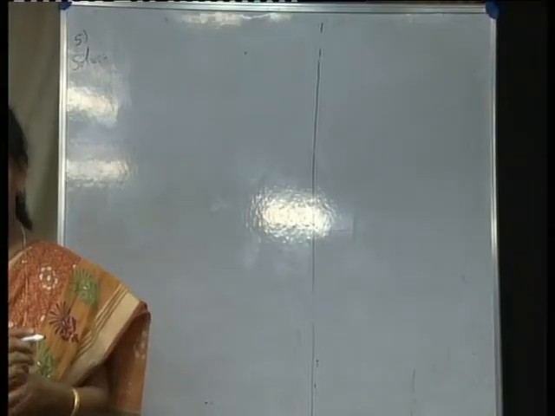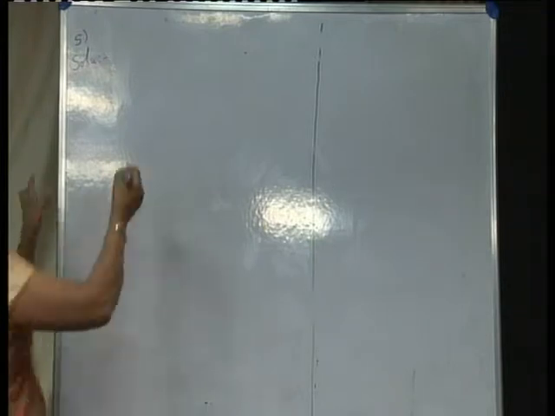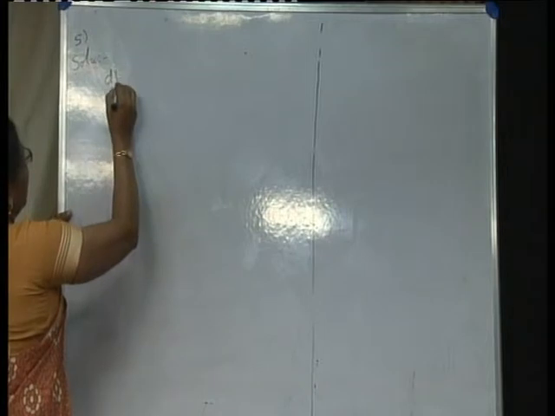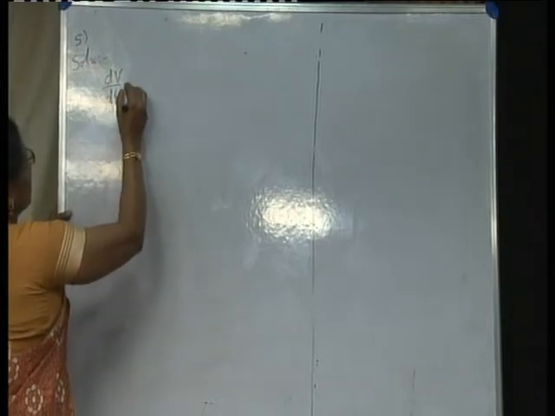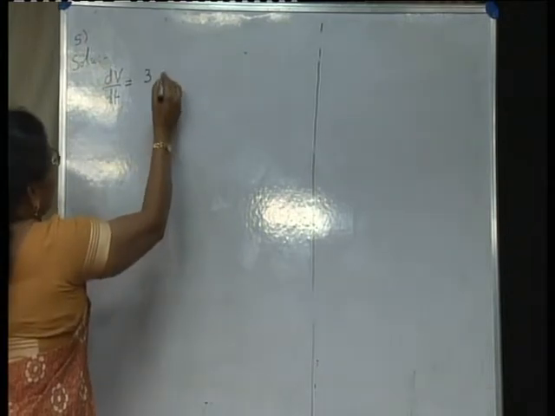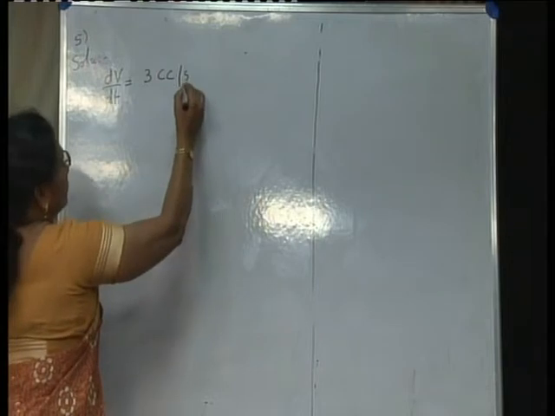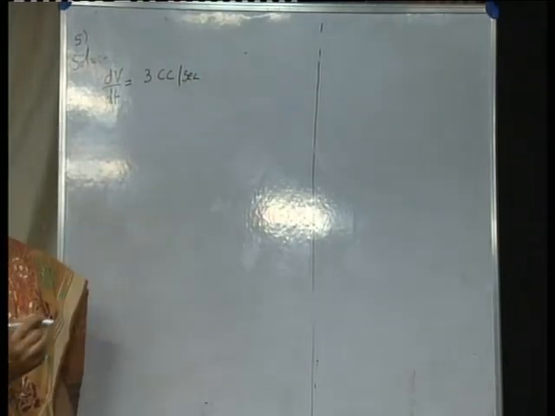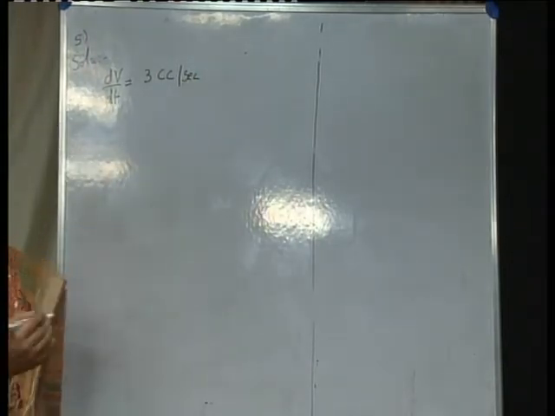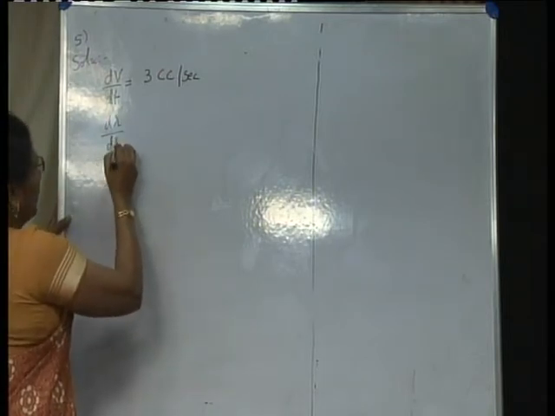The volume of a sphere increases at the rate of 3 cubic centimeter per second. Volume is increasing, so we write dV by dt is equal to 3 cubic centimeter per second. Find the rate of increase of radius, so we have to find dr by dt.